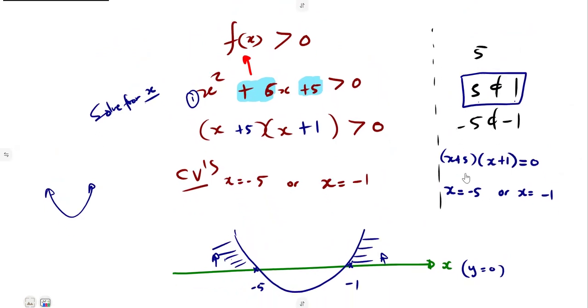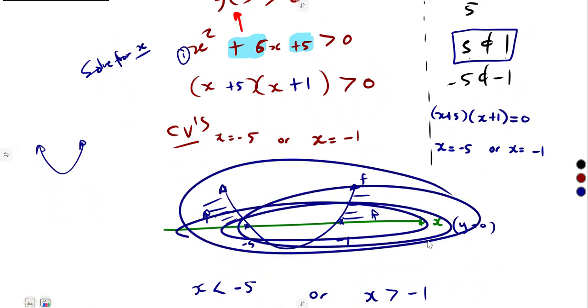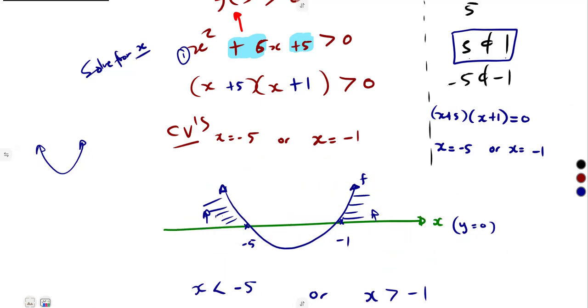So in our case, we already have this sketch of our f of x. They will be giving us, or maybe have already drawn, that sketch. Then they're asking you to determine the values of x for which f of x is greater than 0, or for which f of x is less than 0, depending on the question.